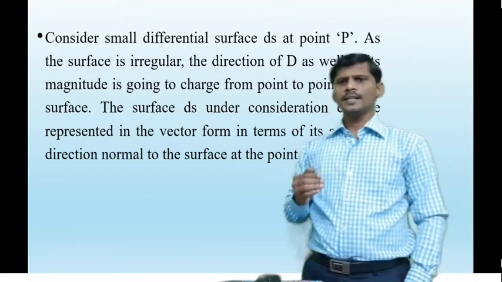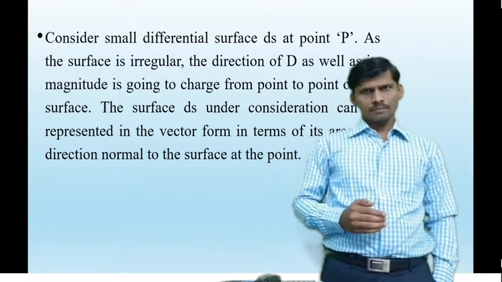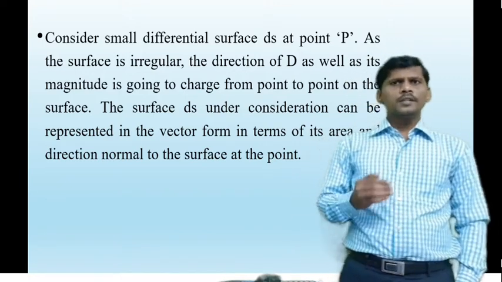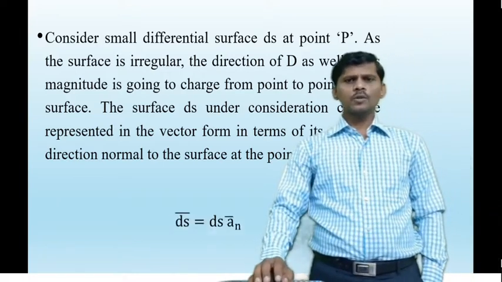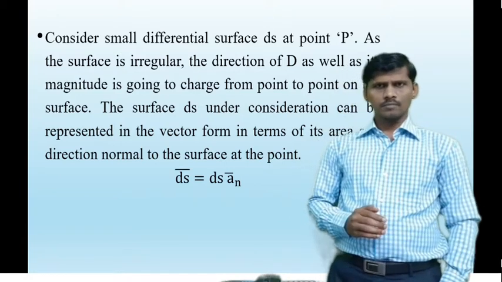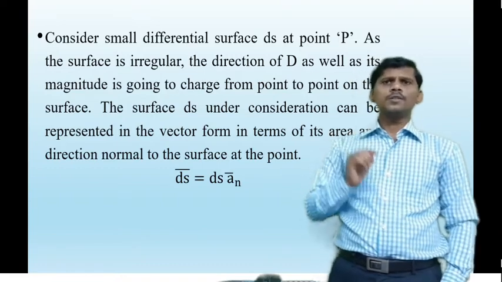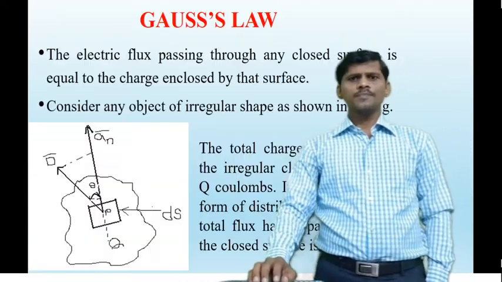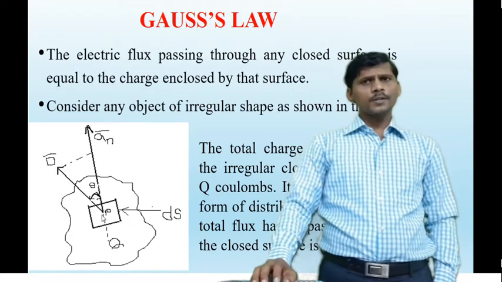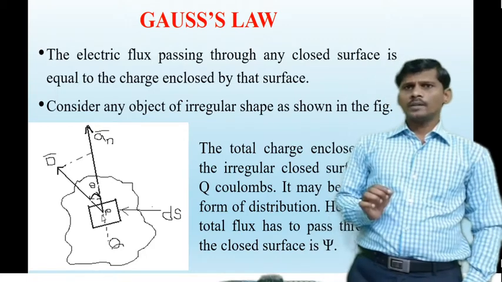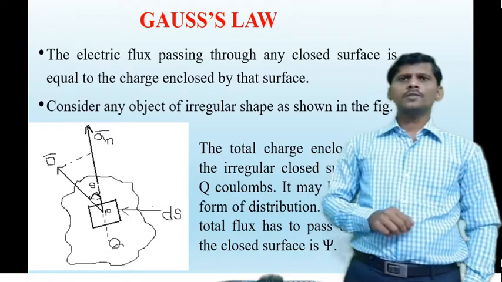The surface ds under consideration can be represented in vector form. The differential vector surface area is given by ds bar equals ds times an bar, where an bar is the unit vector in the direction normal to the surface sheet at that point P. Normal means perpendicular to the surface.